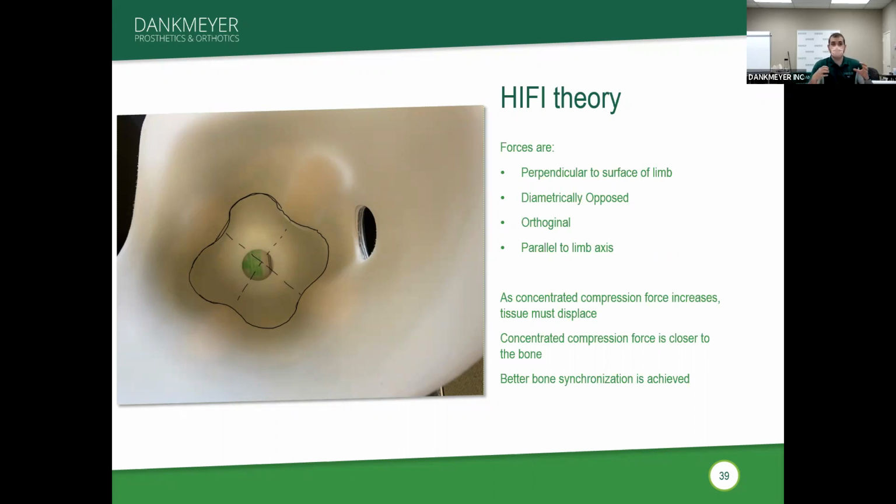The idea is you have the femur inside of a sac of fluid. You have a femur in there and you're trying to stabilize the femur. That's what every socket design is trying to do. In the idea of HiFi, you're pushing some of that fluid, some of that tissue, out of the way, and you're getting part of the socket closer to the femur.